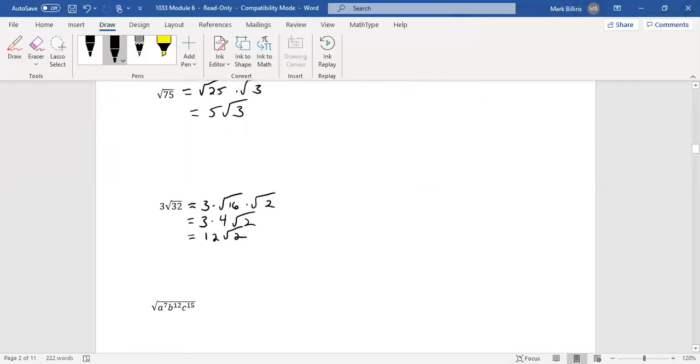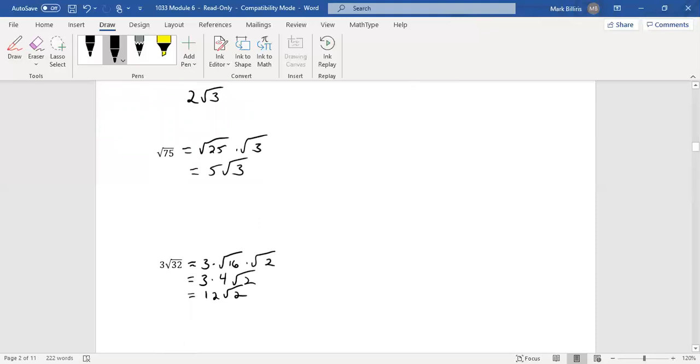Okay, now I want to introduce something different. Now this helps whenever we're dealing with variables. Whenever we're looking at radical signs, we're also going to be dealing with what we call cube root, maybe fourth root, fifth root, etc. So this number that's up top of the radical is called the index.